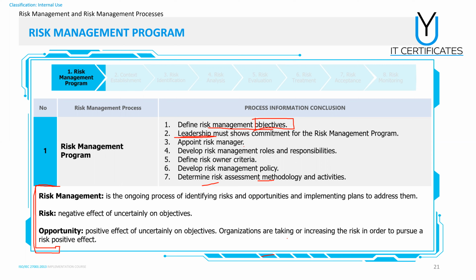Also, we have to define the evaluation point. You remember when we said how you will define the impact of a risk on an organization, or how you will define the risk evaluation and the acceptance.